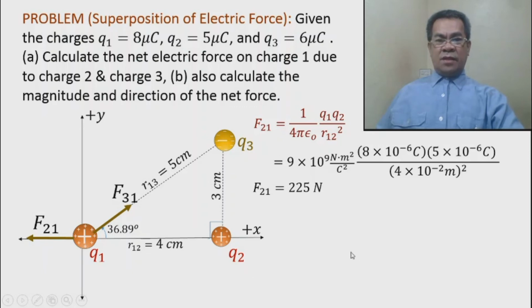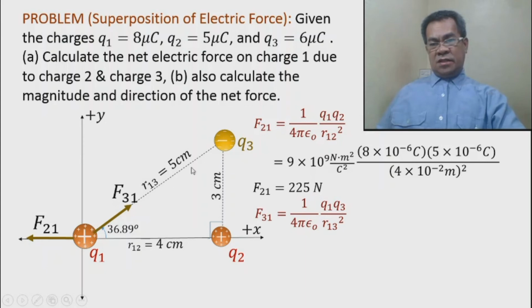Now what is the force that 3 exerts on 1? You have to use Coulomb's law again. This is still the constant, the same value. Q1 is the same also, this is 8 micro, while Q3 is given as 6. And R13 is 5 cm. This should be the distance to be used because it is center to center.